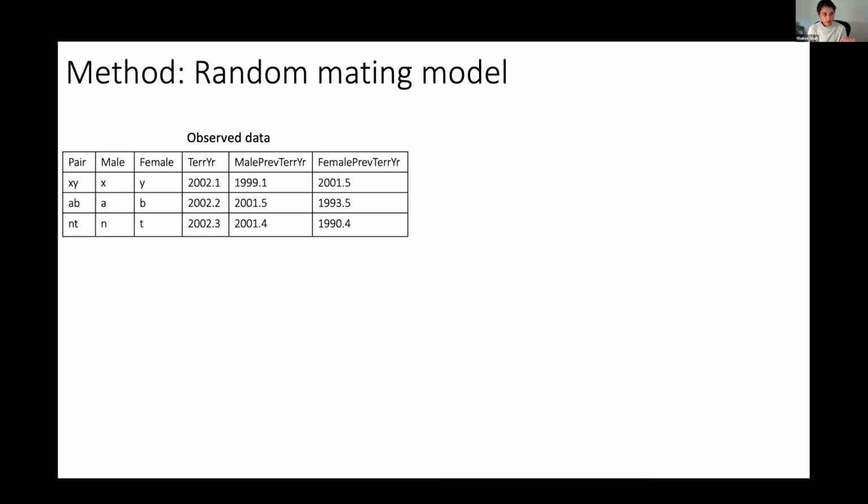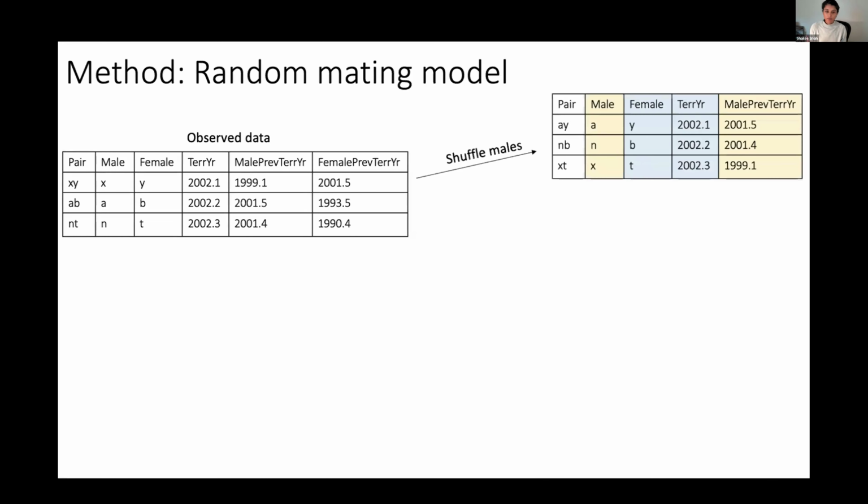For each territory we have a pair, so the male is X and the female is Y. For both sexes, we know the previous territories that these birds came from. Also, in this cartoon example, you can see that male X actually inherited his territory. He was born on territory 1 in 1999 and then became a breeder there, presumably sometime around 2002.